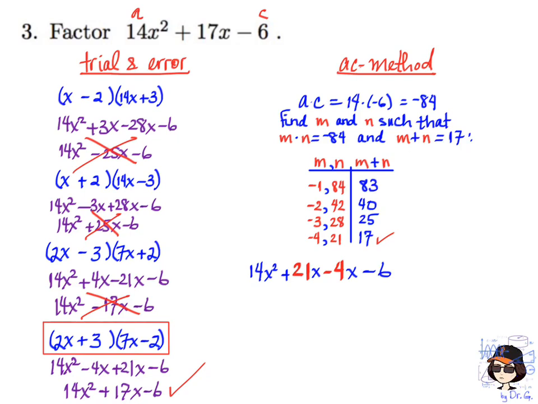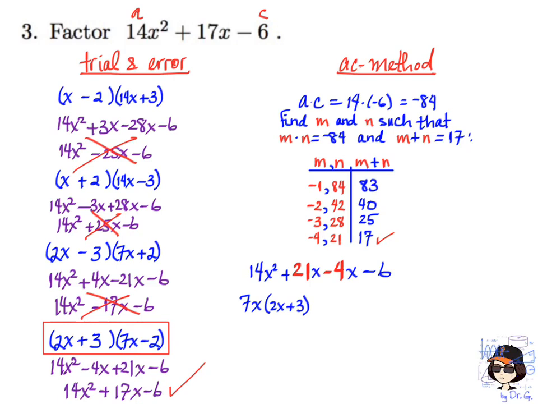When I look at 14x squared plus 21x, I see that x can come out of both terms and also a 7. So the GCF in the first 2 terms is 7x. Factoring a 7x out of the first term, I get 2x. And out of the second term, I'm left with 3.